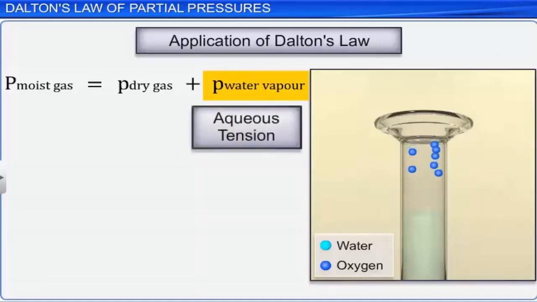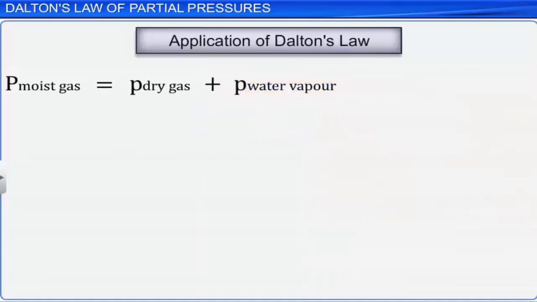If the pressure of dry gas and the moist gas are represented as P and P, and the partial pressure due to water vapor, commonly called aqueous tension, can be expressed as P dash, then by Dalton's law of partial pressures, the total pressure exerted by a moist gas, that is, P is equal to the partial pressure of the dry gas, P, plus partial pressure of the water vapor, P dash.